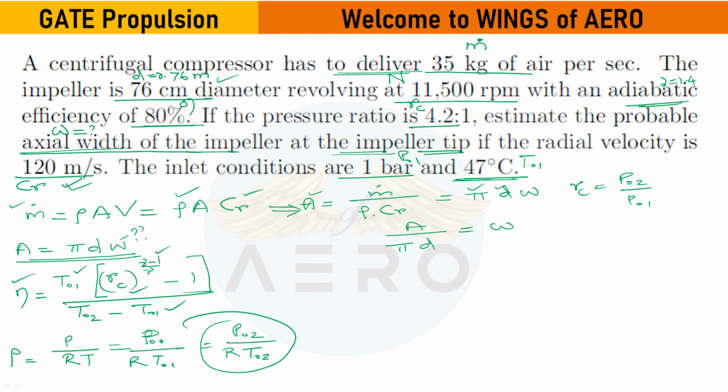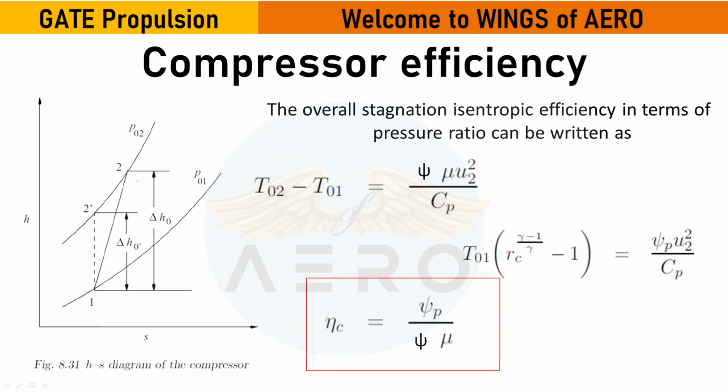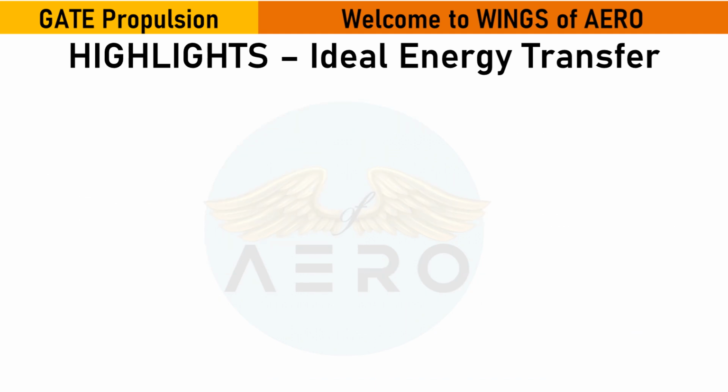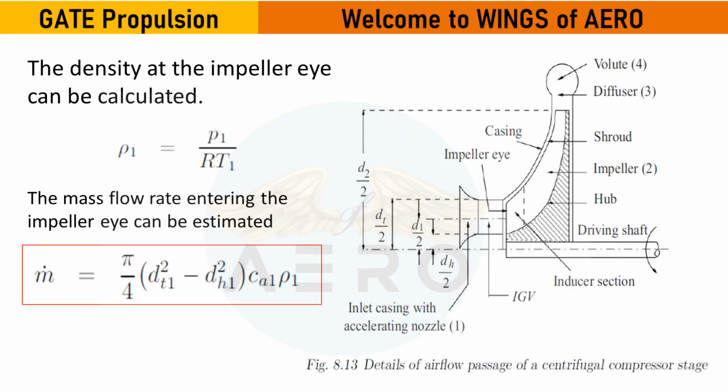Tip is when? It is just before the entry of the diffuser. That's what I said in the first point today. See, tip is this point. Entrance is the hub. So if they're giving hub or the eye or the tip, you have to remember which one to consider.